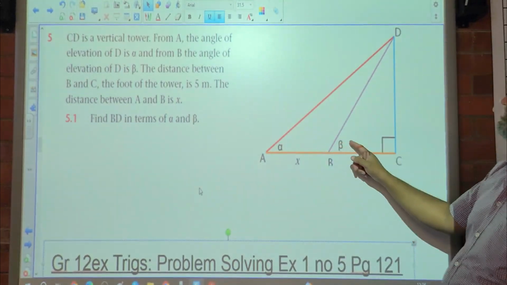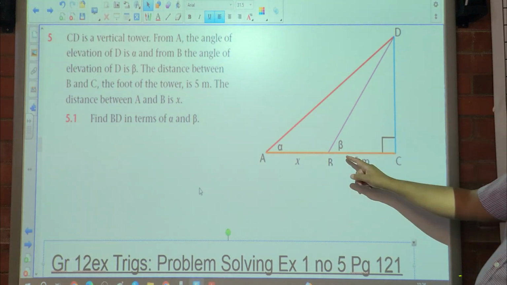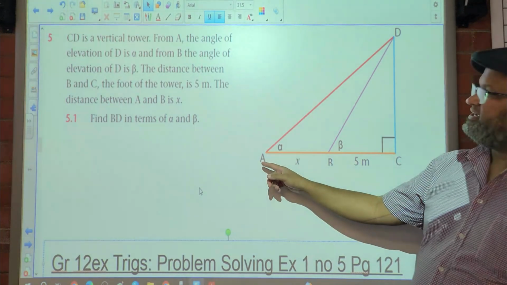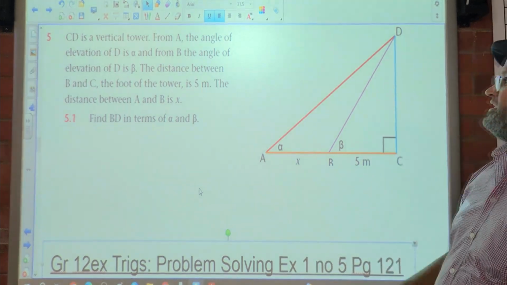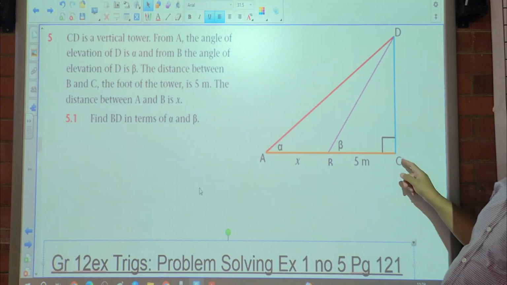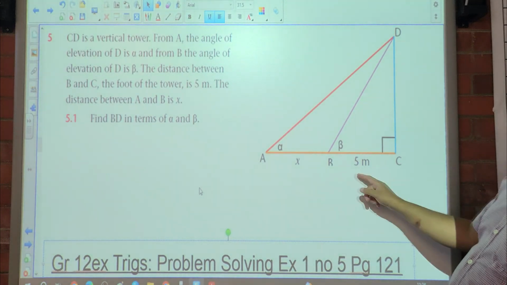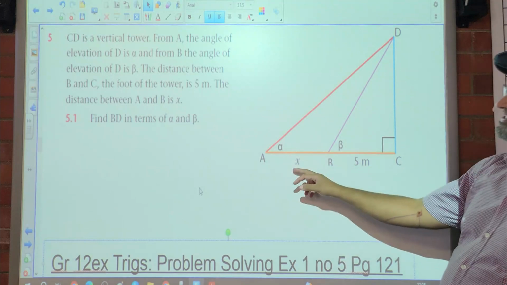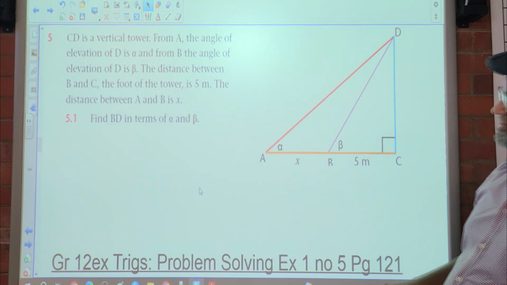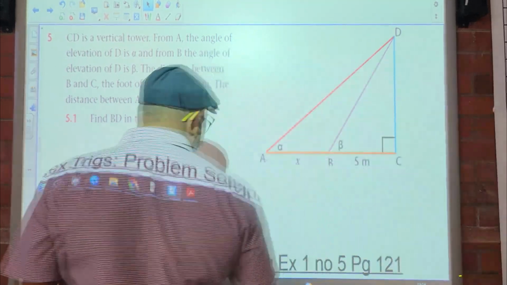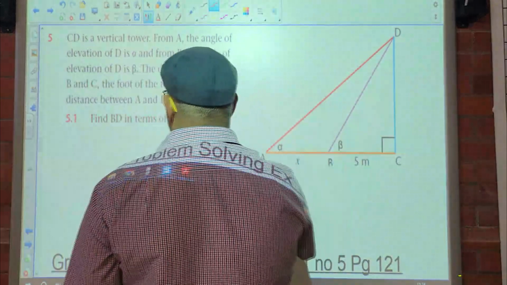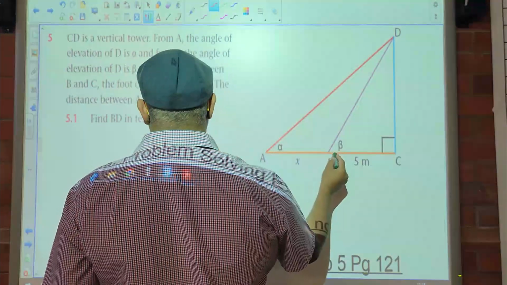From B, the angle of elevation to D is beta. The distance between B and C, which is the foot of the tower, is 5 meters, and the distance between A and B is x. Find BD in terms of alpha and beta.